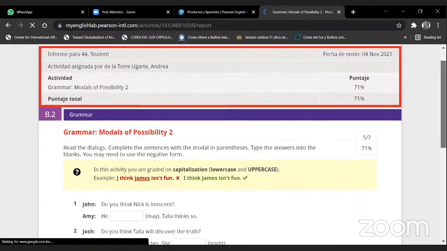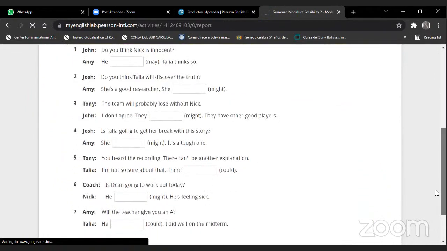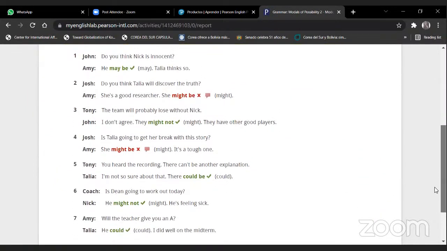Okay, two mistakes. Well, 2 and 4, right? It is because you put be, but you only have to put be when the question is with verb to be. But for example, here, Josh says, do you think Talia will discover the truth? But he is not using verb to be, right? For example, do you think Talia is innocent? Maybe not, right? So only might.